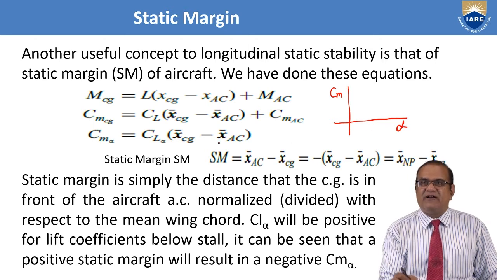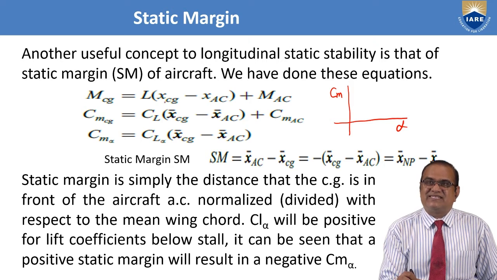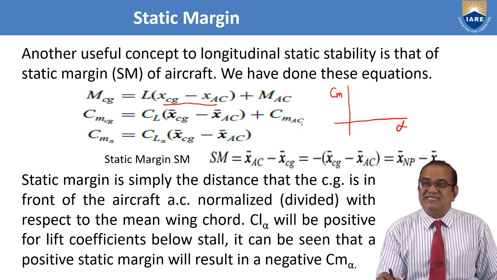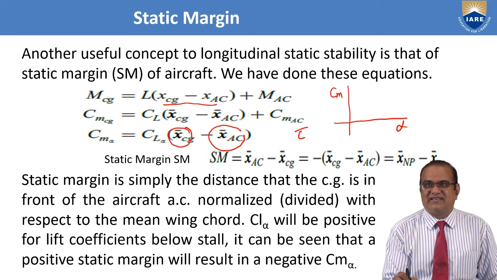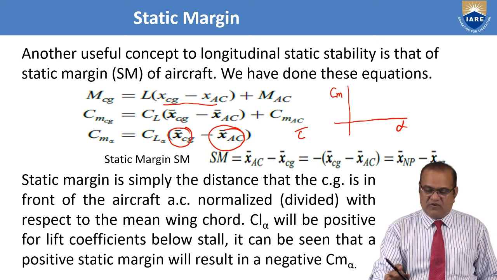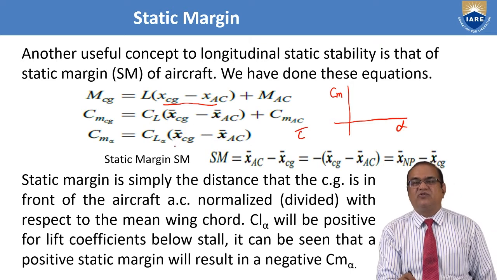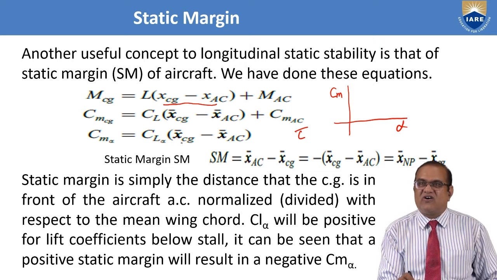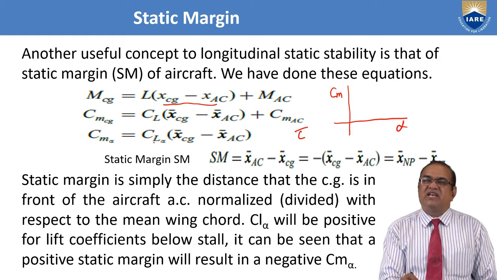So this Cm alpha will be CL alpha times (x bar cg minus x bar ac). And x bar means it is divided by c, so x bar is also a non-dimensional quantity. We have to understand that everything here is non-dimensional. We should not use meters or centimeters for this. And for lift, we have to convert to the lift coefficient.